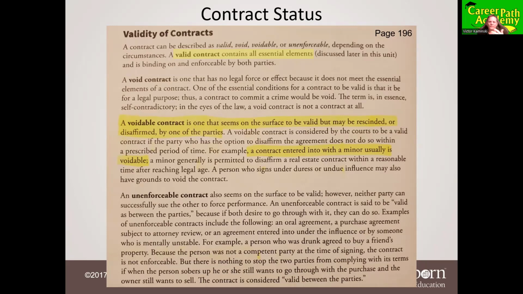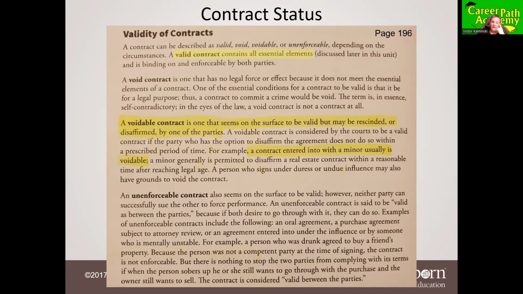There has to be some form of consideration given between the parties. So, competent parties, offer and acceptance, consideration, and legality of the object or purpose of the contract. If it has all of them, then the contract is a valid, fully enforceable contract.